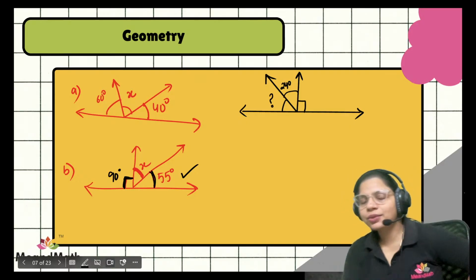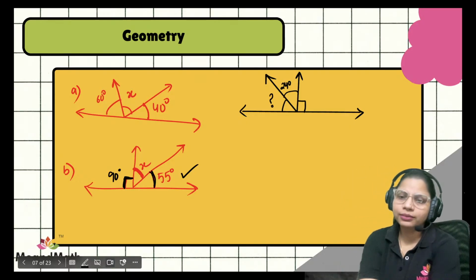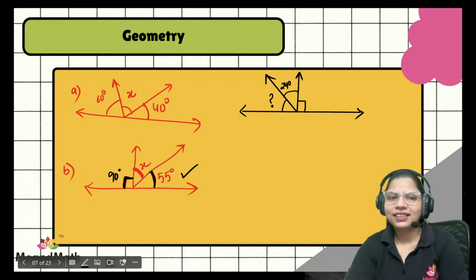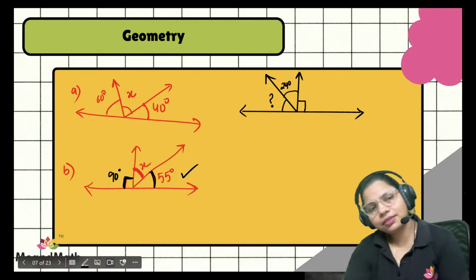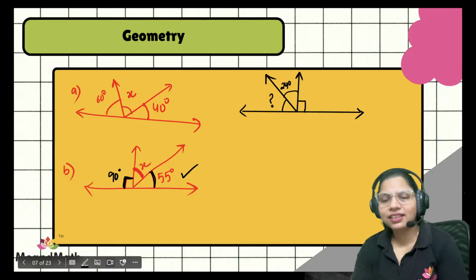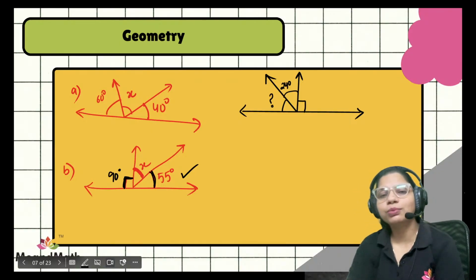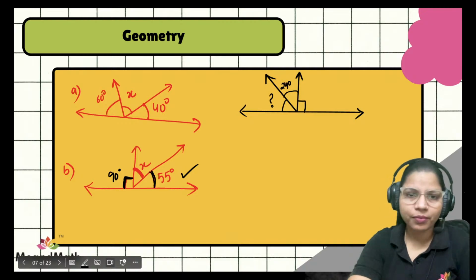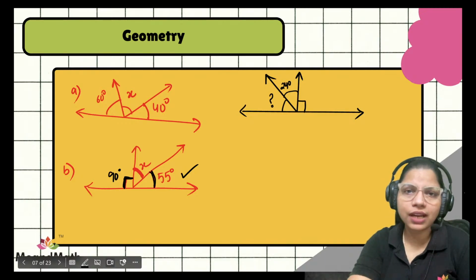Try. It's an acute angle. X is an acute angle, no? Yes. That's 35 degrees. Yes. And the top one, the other question, what is the measure of that angle?